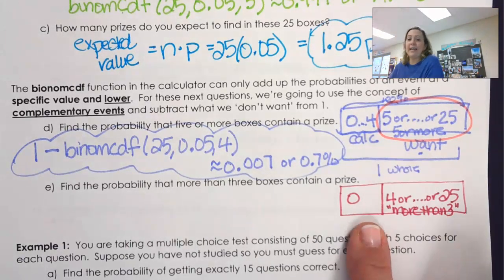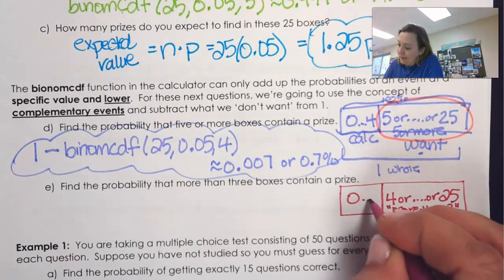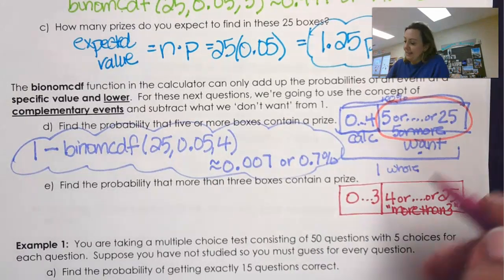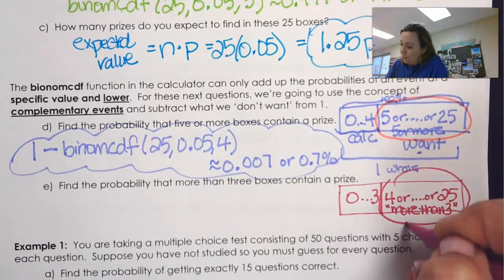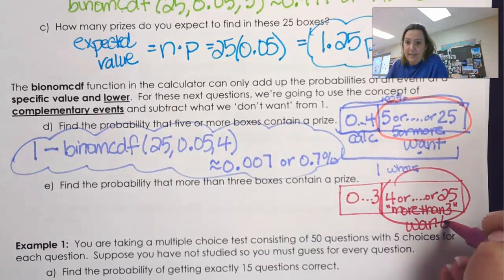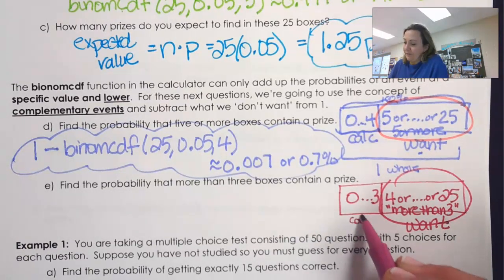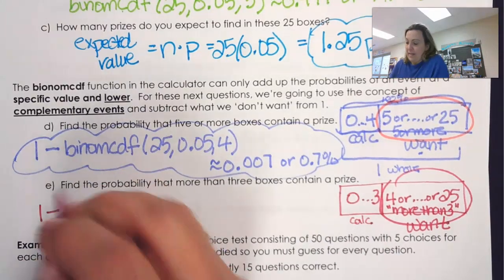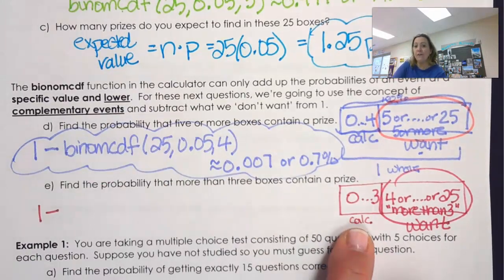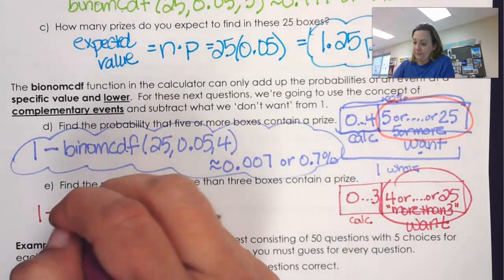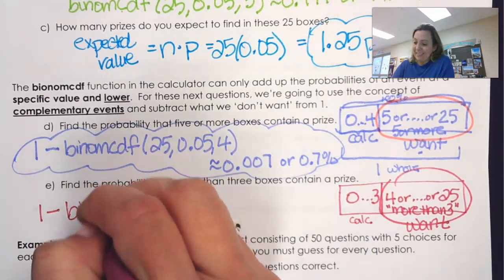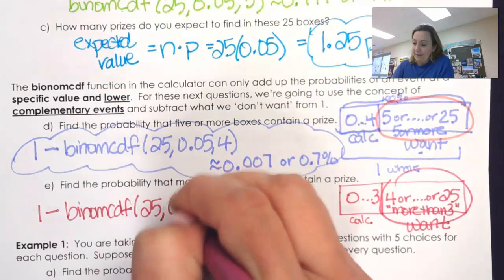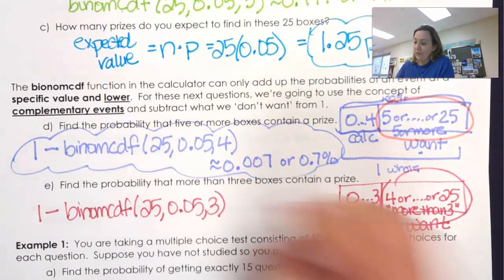So what's on the other side of that? That would mean I would want everything from 0 to 3. Again, this right here is what we want. This is what the calculator can give me. So I'm going to take this 1 whole, and I'm going to subtract off 3 or less using the binomial CDF of 25, 0.05, 3.